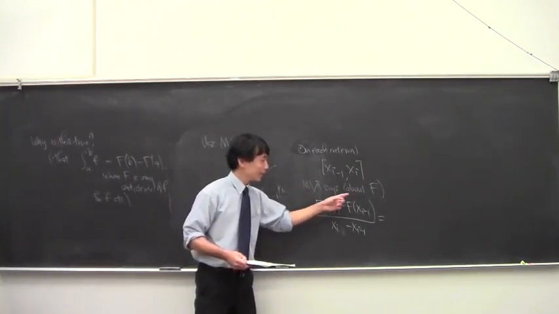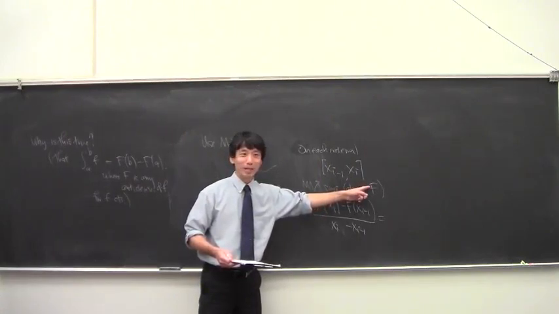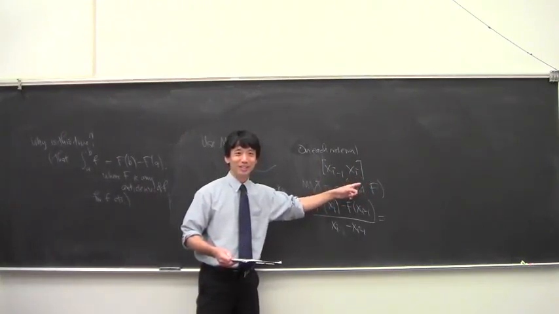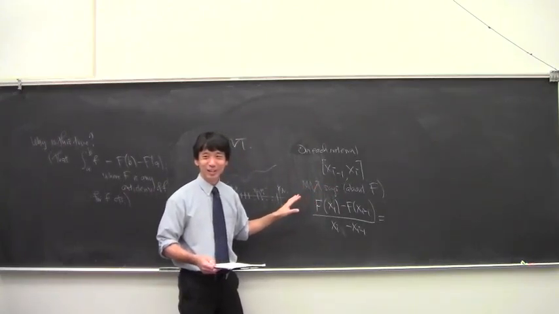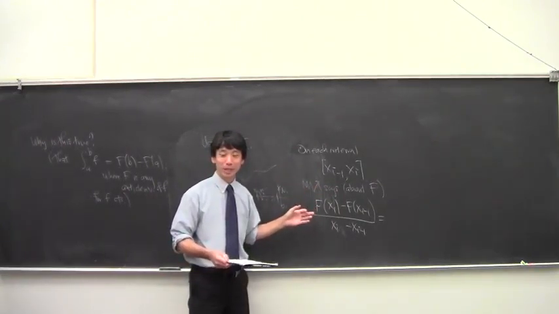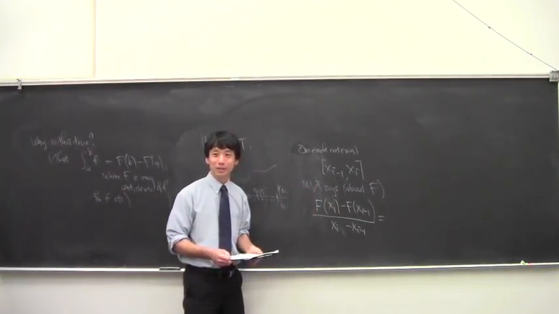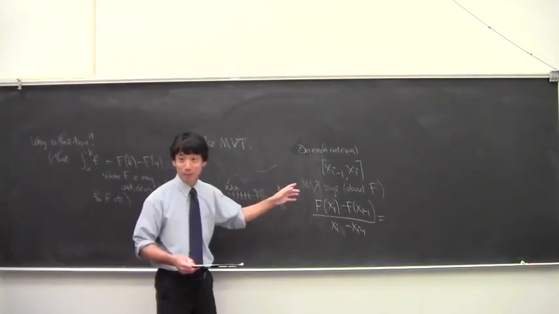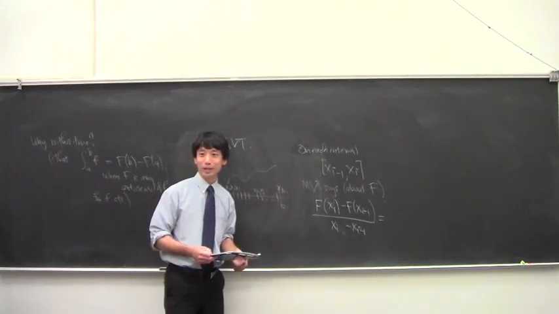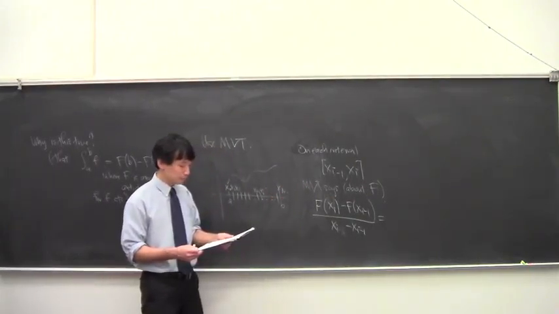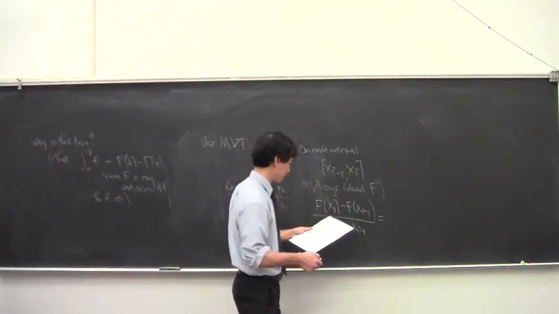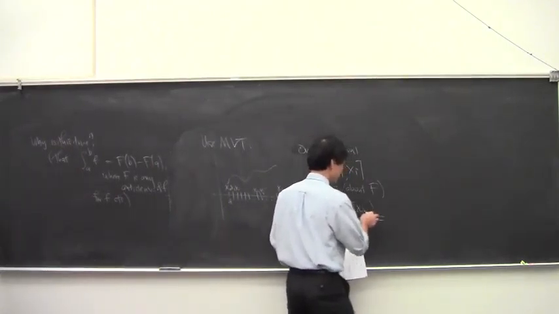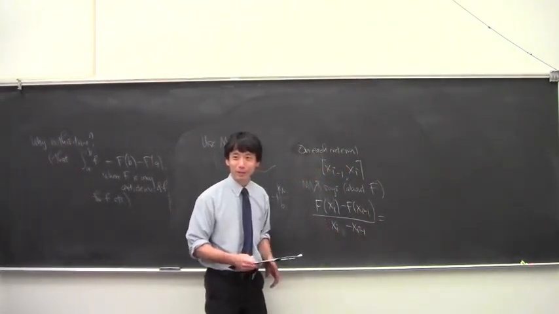Are you saying that I can't use it on big F because I have a capital letter instead of a lowercase letter? No. The theorem applies to any function that satisfies these conditions. That's little f that's drawn, but I'm going to apply the mean value theorem to big F, and you'll see why in a second.